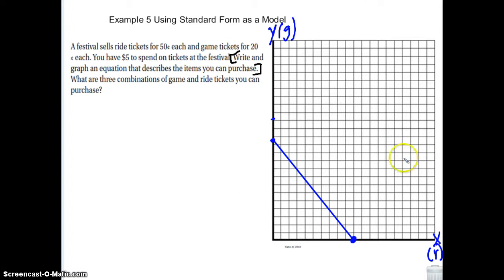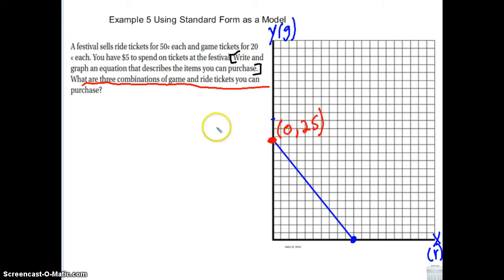What this line means is I can pick anywhere on this whole entire line, and it will give me different combinations of game tickets and ride tickets I can purchase. So watch what that means. What is this ordered pair right here? It's 0, 25.